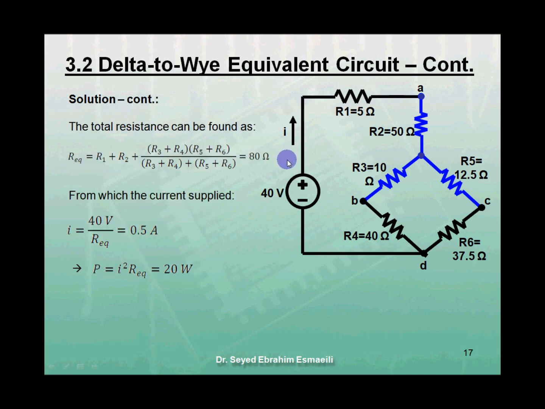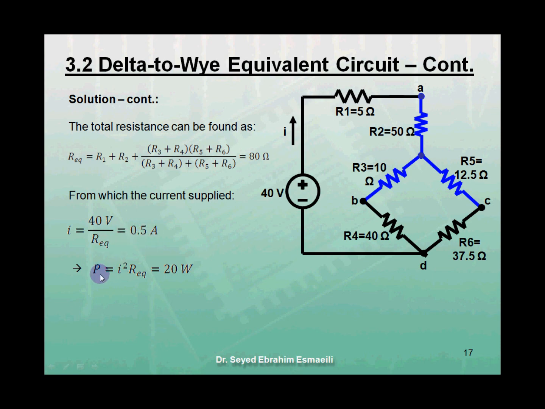The total equivalent resistance can easily be found by noting that R1 is in series with R2, which in turn is in series with the parallel combination of R3 in series with R4 in parallel with R6 in series with R5, which equals 80 ohms, from which the current supplied by the voltage source, I, equals 40 volts over R equivalent, which equals 0.5 amps.